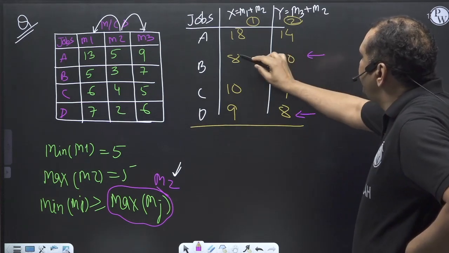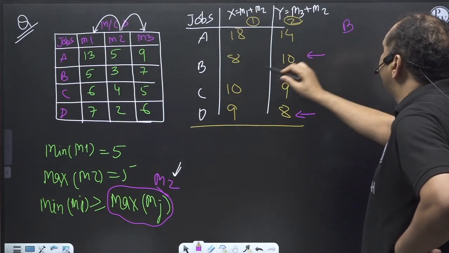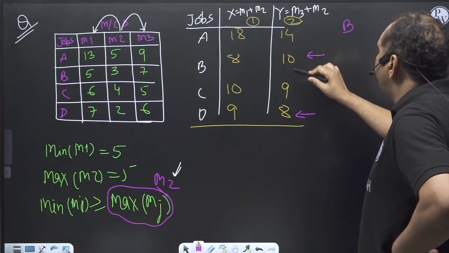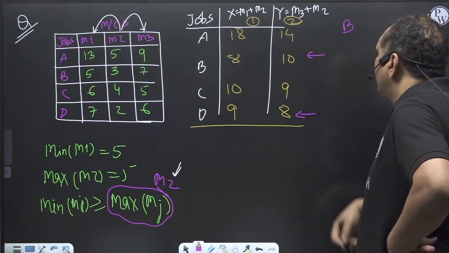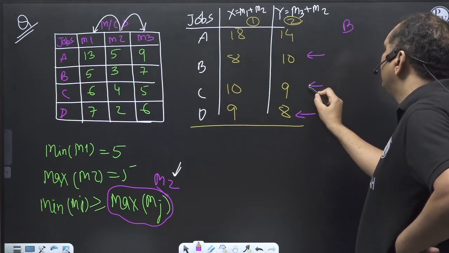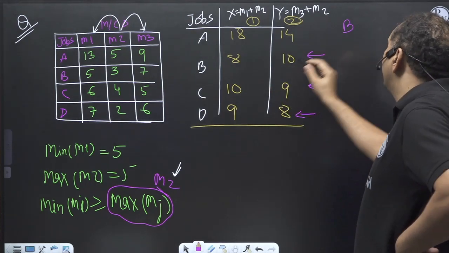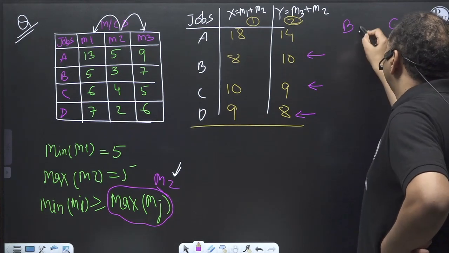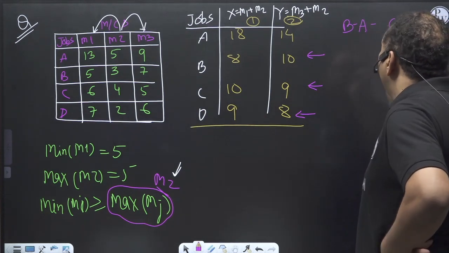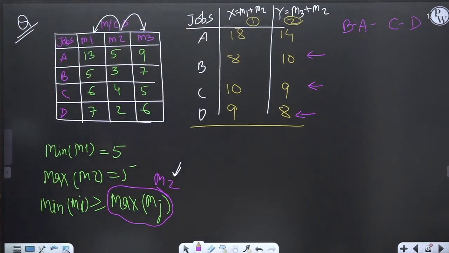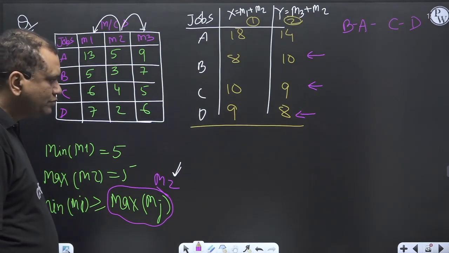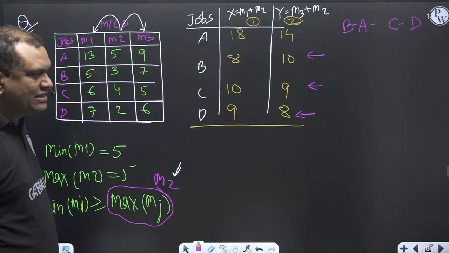If 8 appears for the first machine, I will process it first. If 8 appears for the second machine, I will process it last. Next higher is 9. 9 appears for the second machine, so I will process it last. And BACD will be the sequence.